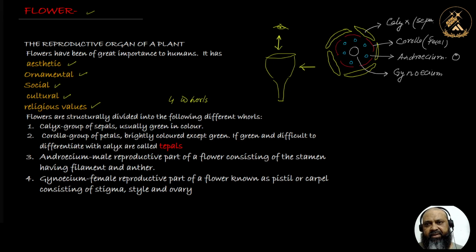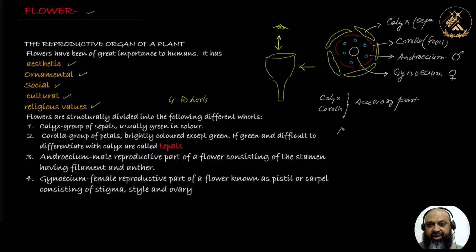So androecium is the male part of the flower, and gynoecium is the female part of the flower. They produce their respective gametes, which are necessary for reproduction. Out of them, the two outermost, calyx and corolla, are basically for aesthetic value and other reasons. So they are known as the accessory whorls, the accessory part of the flower, because they are not directly involved in reproduction.